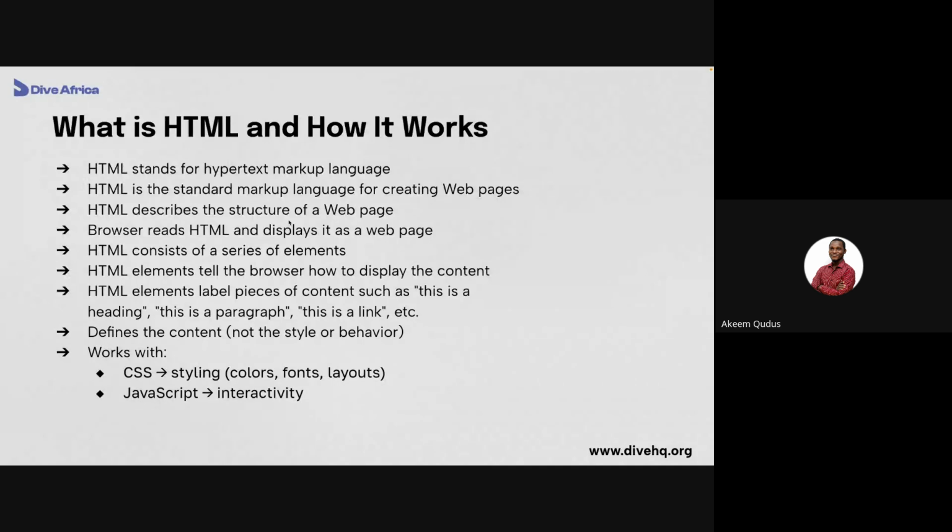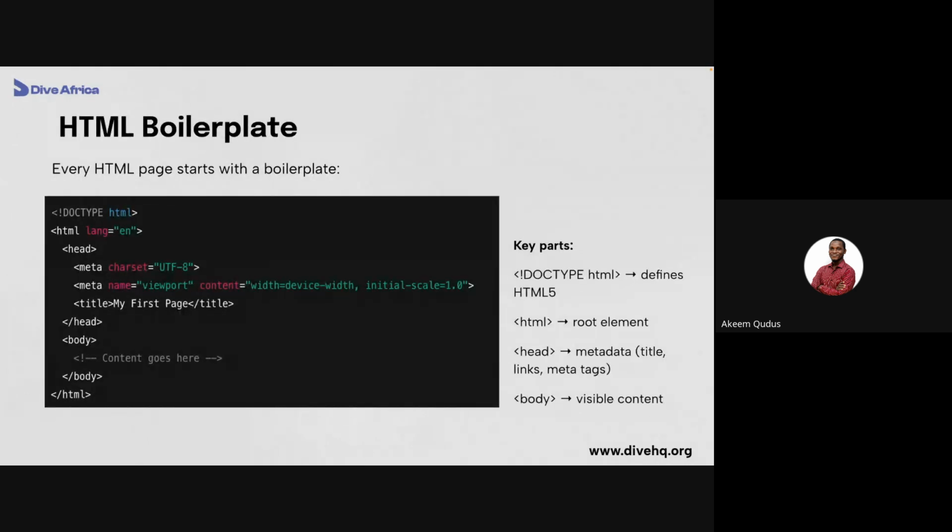HTML tells the browser how to display the content. HTML labels pieces of information. You can use paragraph to label particular content, heading to label particular content, and so on. HTML works with CSS for styling, and JavaScript to add interactivity to your HTML.